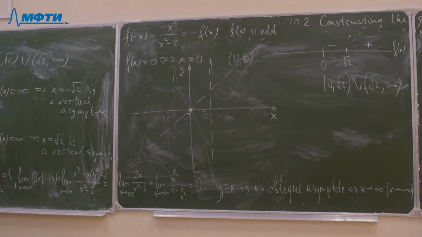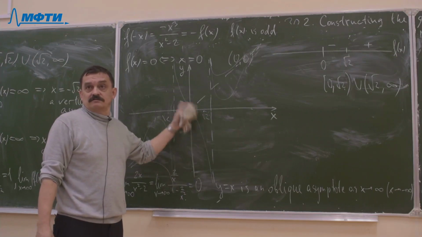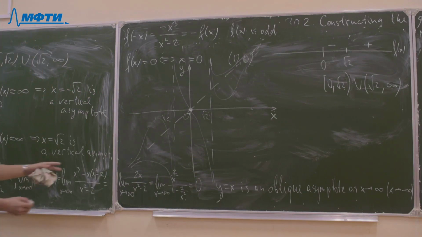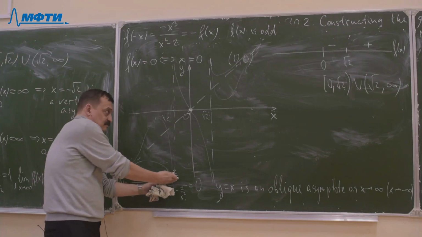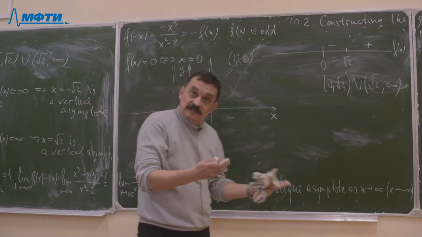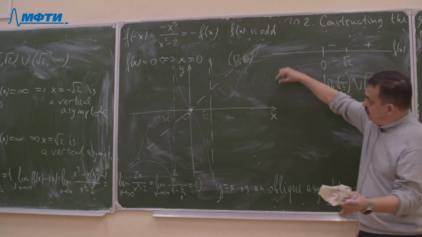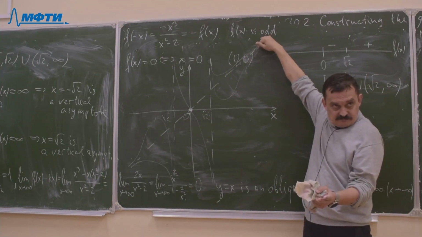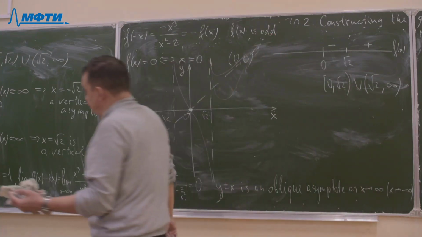Maybe even worse, because definitely I have no idea about the behavior somewhere here. But the behavior as x tends to infinity, as x tends to plus minus square root of 2 is clear, more or less, right? So concerning the behavior as x tends to infinity, there is a freedom, but not so large, from one or other side.